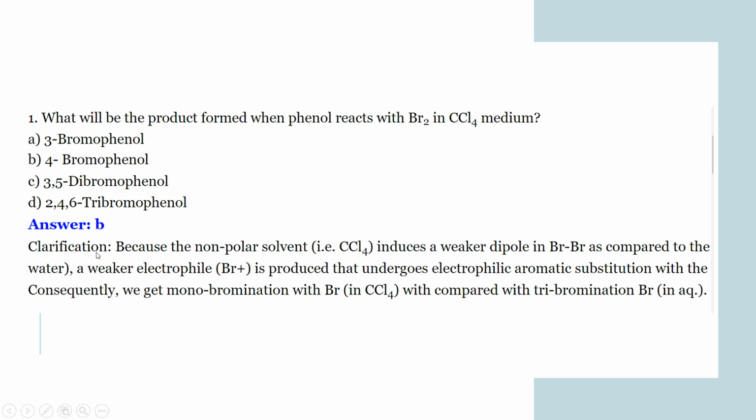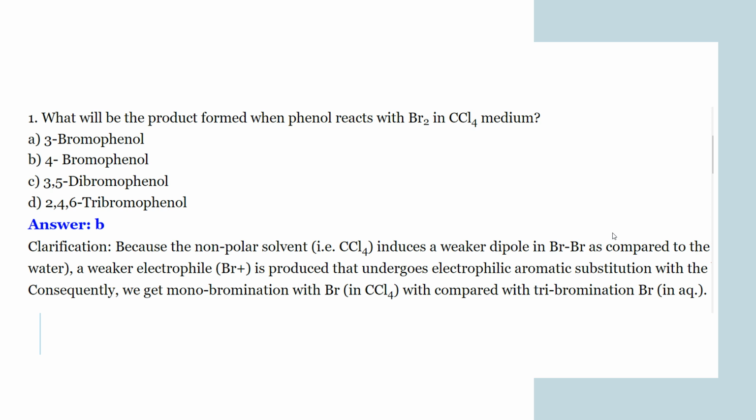And here, the Br positive electrophile is generated by weak dipole-dipole interaction between the bromine atoms in Br2. So always remember, in this particular reaction only monobromination is possible. So option B is the correct answer out of B and D.